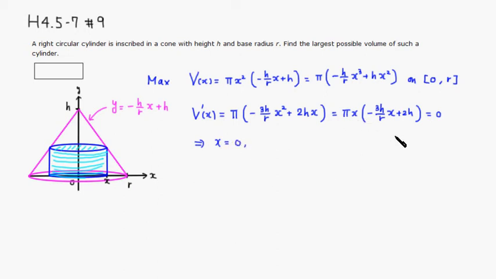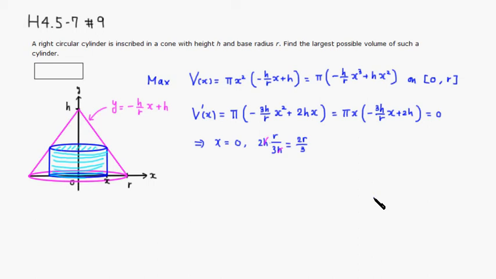Another one would be here. We set this equal to 0. So that would be 2h times, I have to multiply by the reciprocal, r over 3h. You can cancel that out, so it's actually 2r over 3.